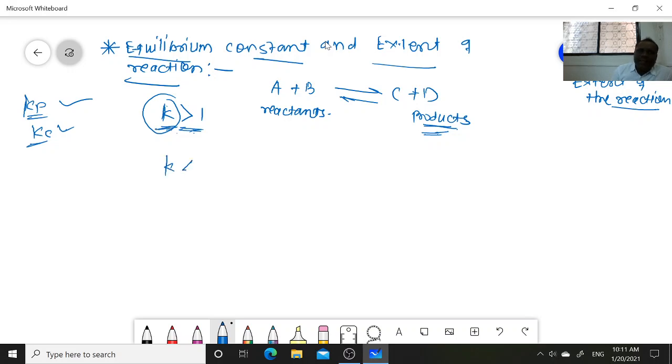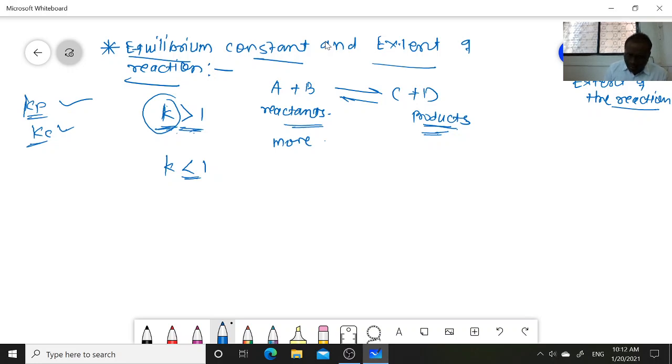When K is less than 1, in that case, the concentration of the reactant is more at equilibrium. Remember, I am talking about at equilibrium. After some time, the reaction reaches the equilibrium condition, because the reaction proceeds backward also.